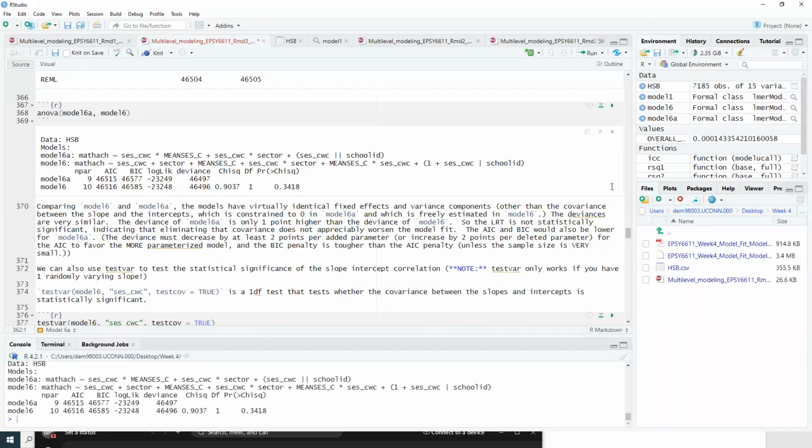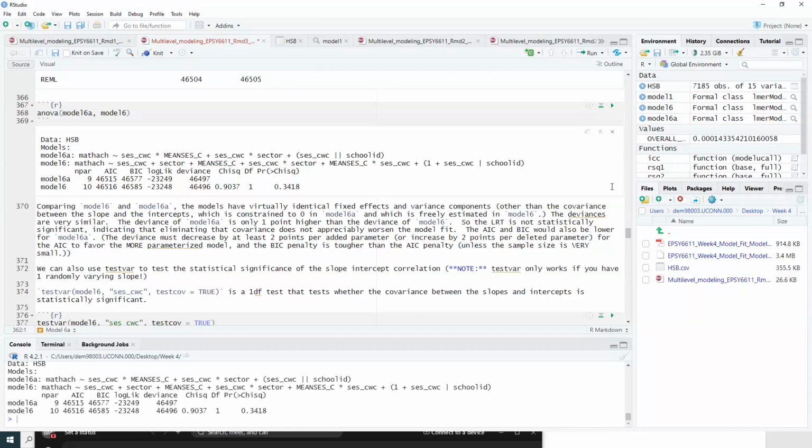And then I get the chi-square difference between these 2 models with 1 degree of freedom. And because this is a covariance, I don't even have to worry about the adjustment. The chi-square difference is 0.9. Likelihood ratio difference is 0.9. With 1 degree of freedom, a chi-square difference of 0.9 has a p-value of 0.34.